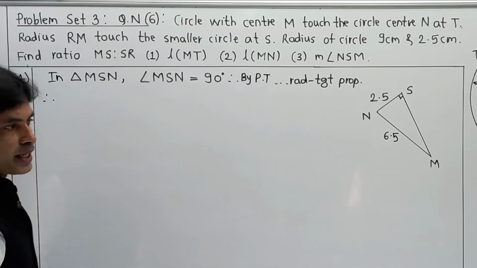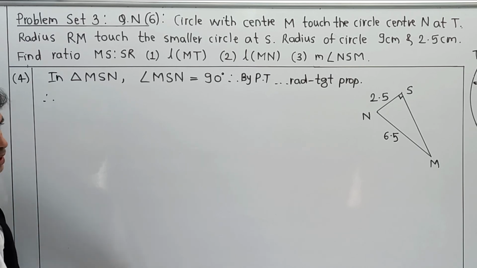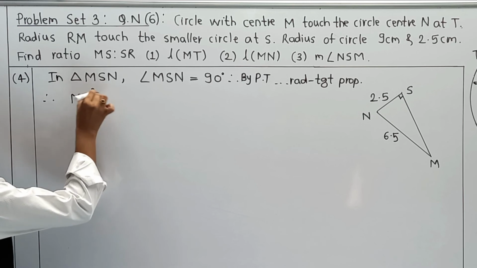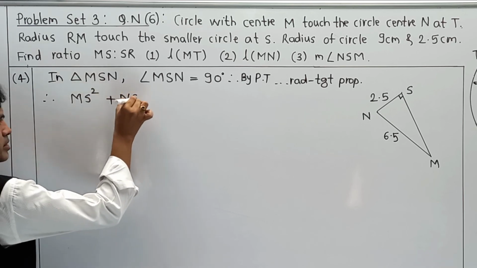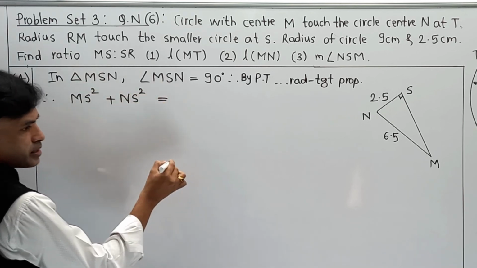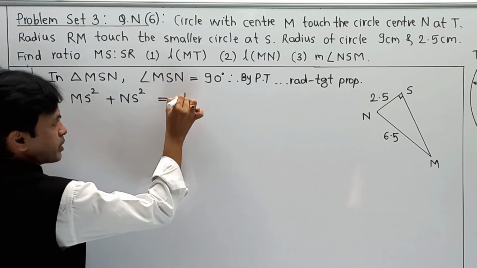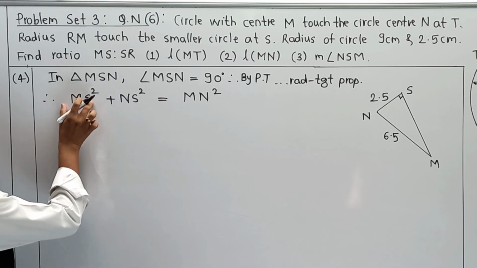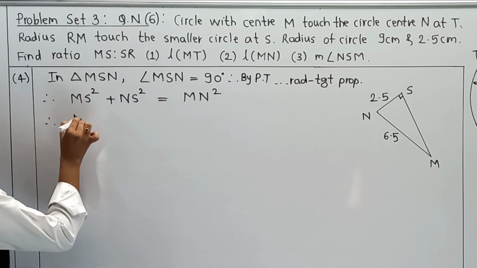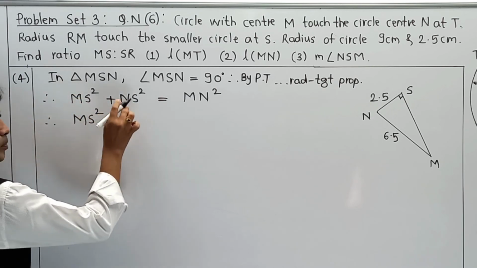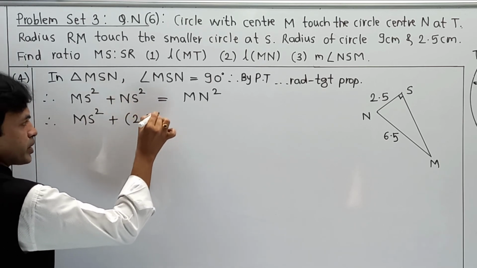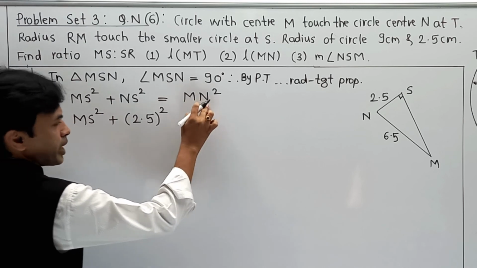So we can have MS square plus NS square is equal to MN square. Putting the values, MS, that we are supposed to find. So MS square plus NS, NS is the radius of the smaller circle, 2.5 square, is equal to MN.